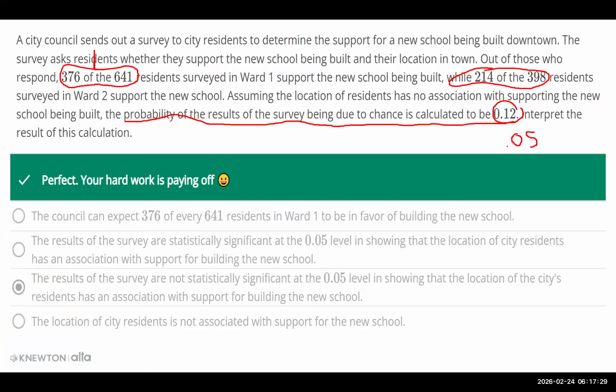And we'll really flesh that out later. But because this is not below 5%, we say it's not statistically significant.